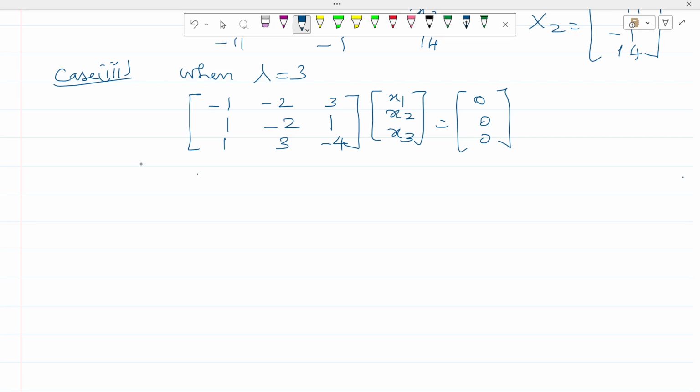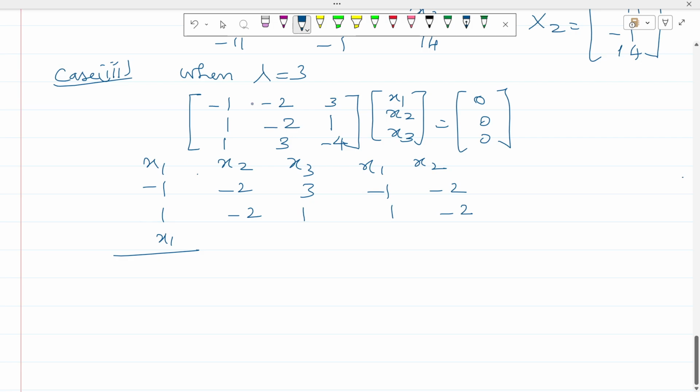So we can write x1, x2, x3 with the rows minus 1, minus 2, 3 and 1, minus 2, 1. To find x1, leave the respective column: minus 2, 3, minus 2, 1.